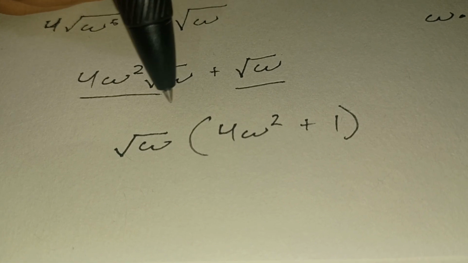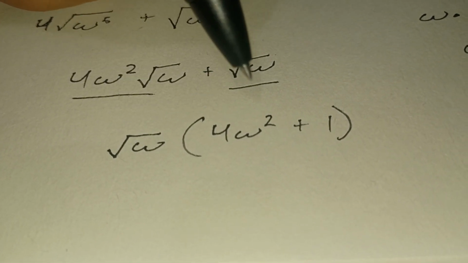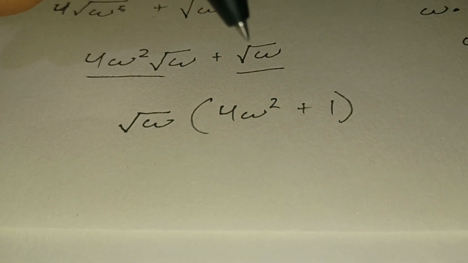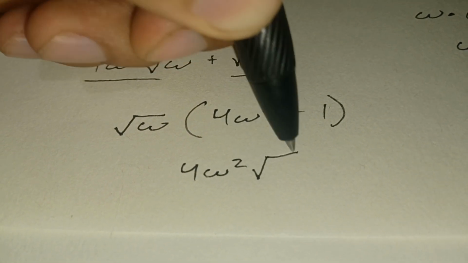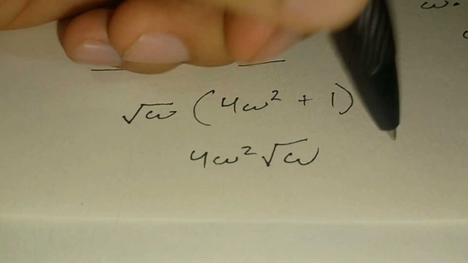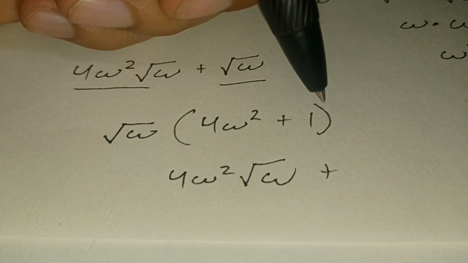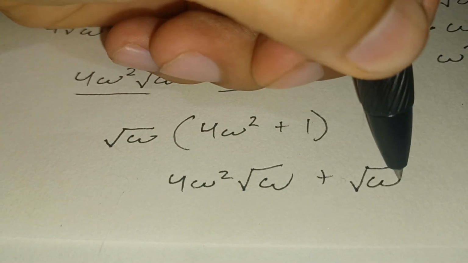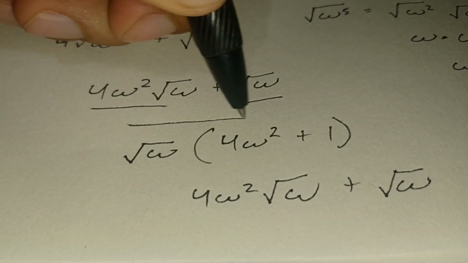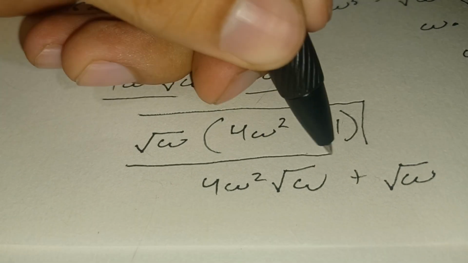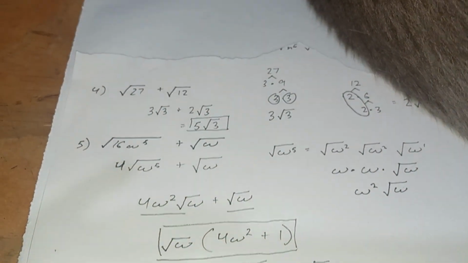Because if you do the distributive property, the square root of w times 4w to the second power gives us 4w to the second power times the square root of w, and the square root of w times 1 gives you the square root of w, which basically equals this. So this will be our answer. All right, and that's it.